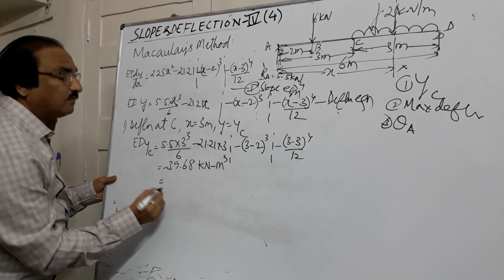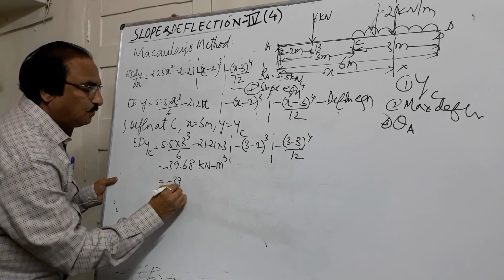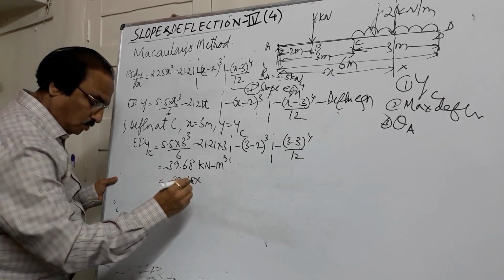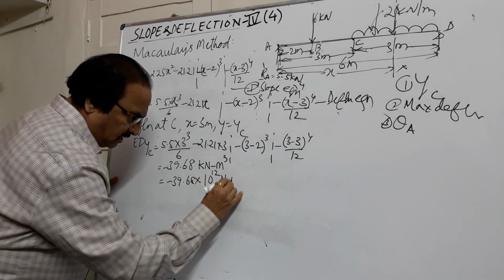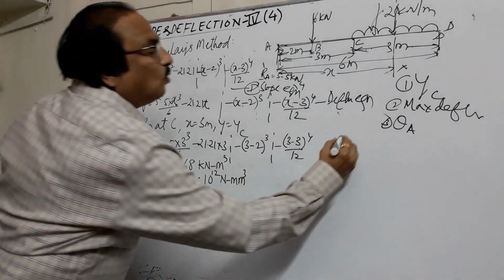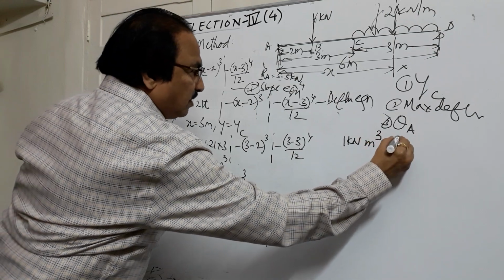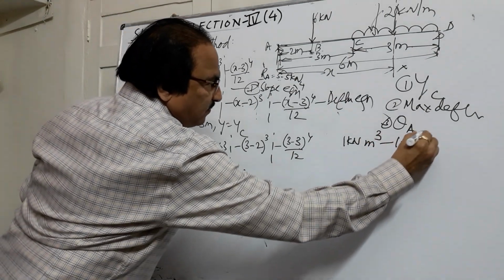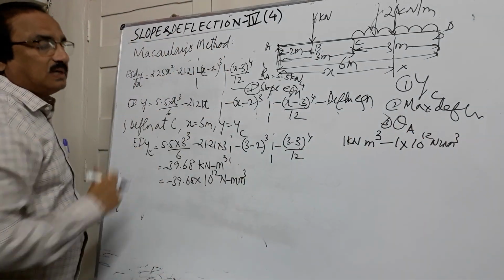So we will convert this into Newton mm. This will be minus 39.68 into 10 to the power of 12 Newton mm cube. You will have to remember here that 1 kilonewton meter cube will be equal to 1 into 10 to the power of 12 Newton mm cube. So remember that relation.